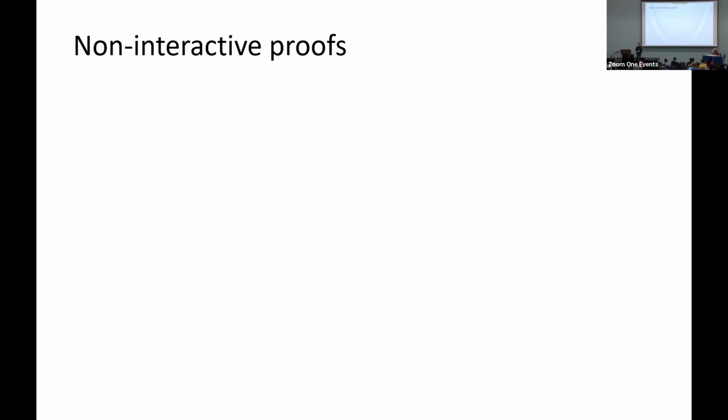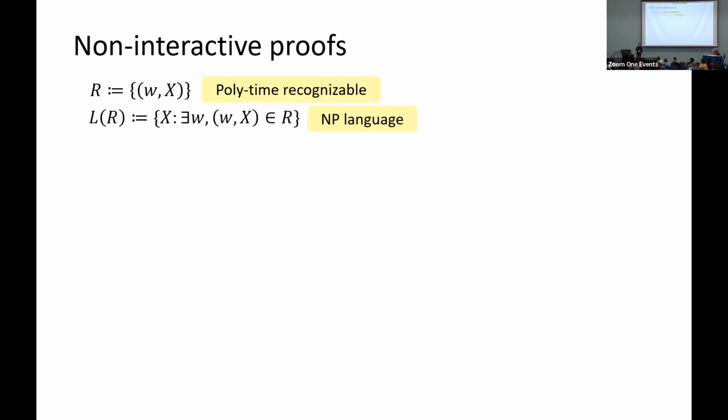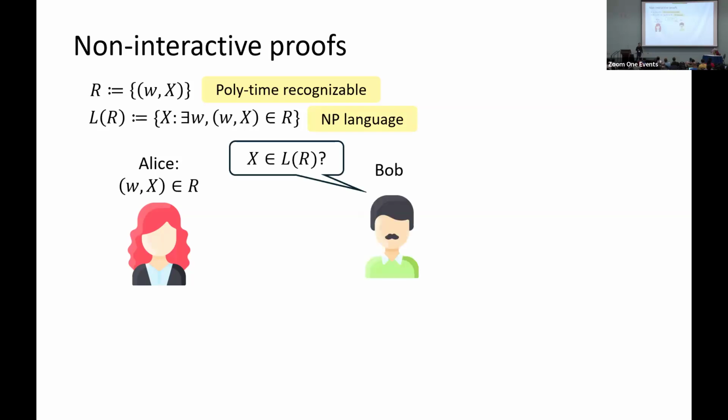So let's first recall the concept of non-interactive proofs. Given a relation R and its corresponding language L, assume that Alice holds the witness for a statement X in the language, and Bob wants to know whether X is indeed in the language. Alice can try to convince Bob by sending a single message, and Bob decides whether to accept or reject.